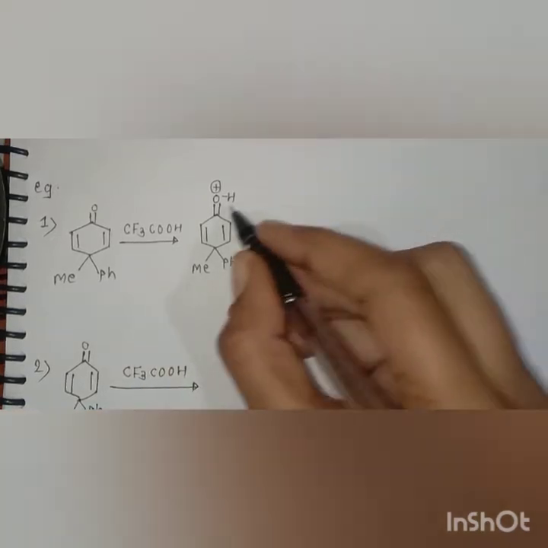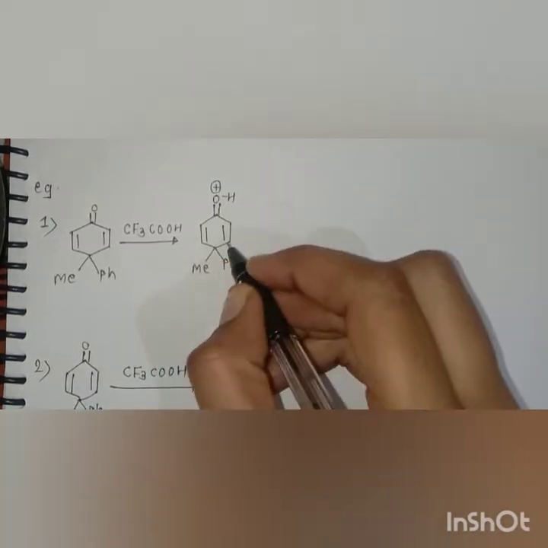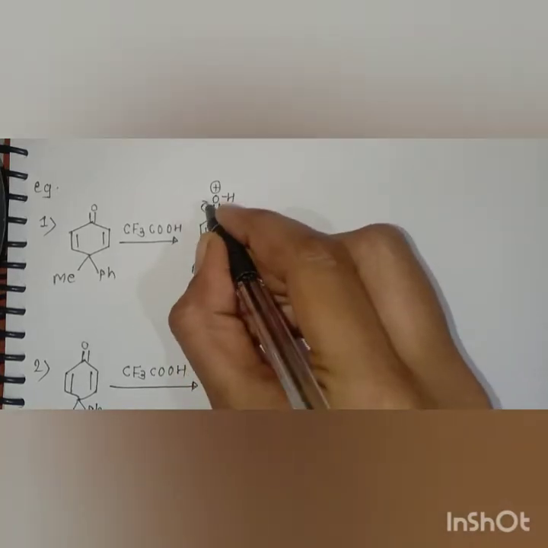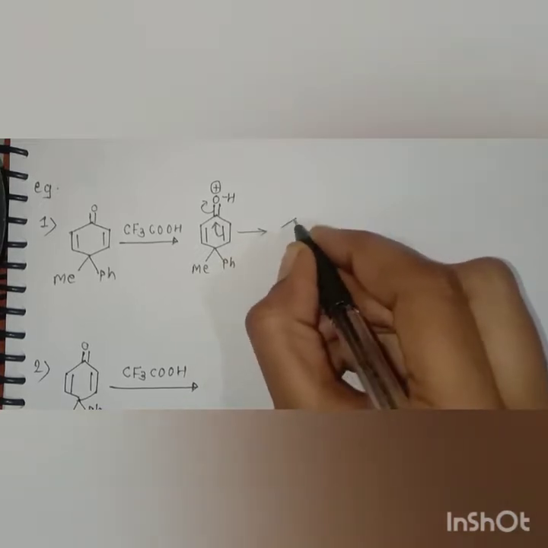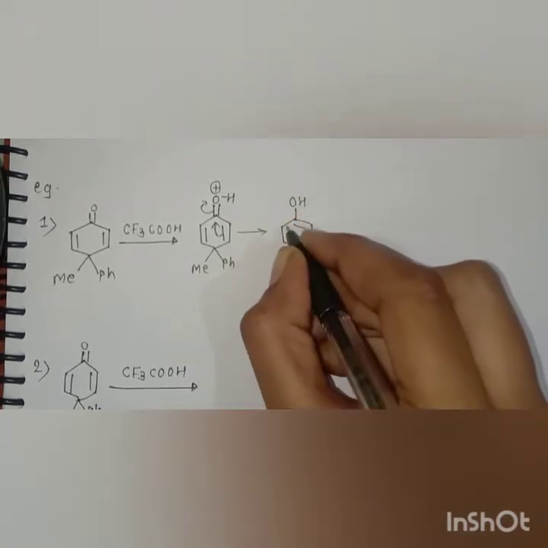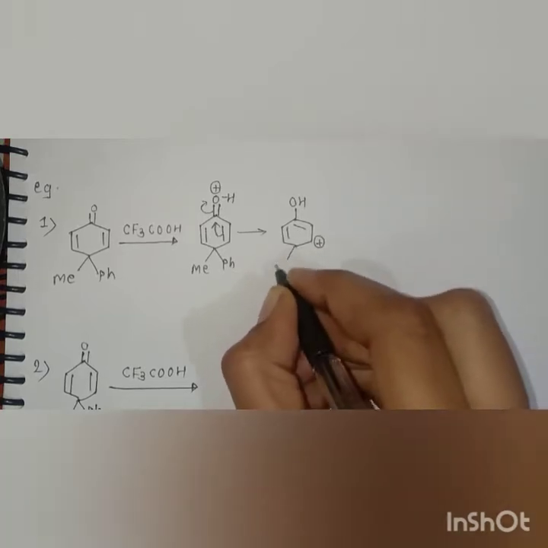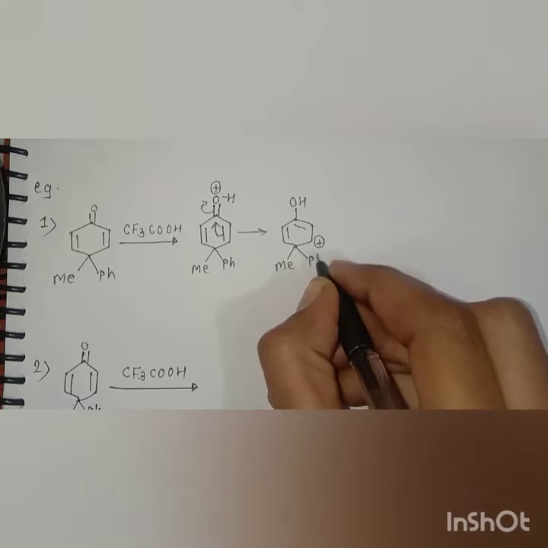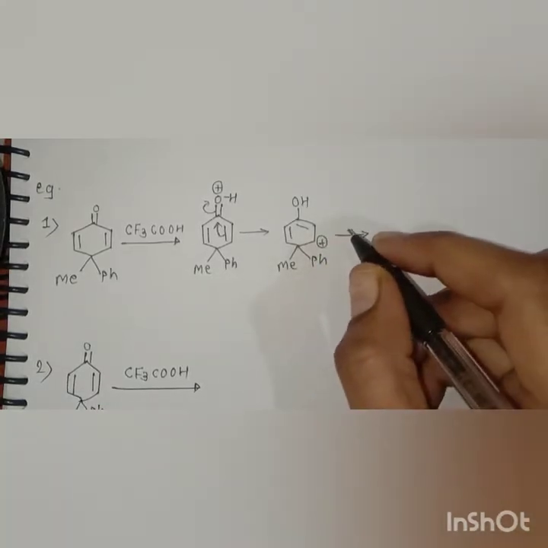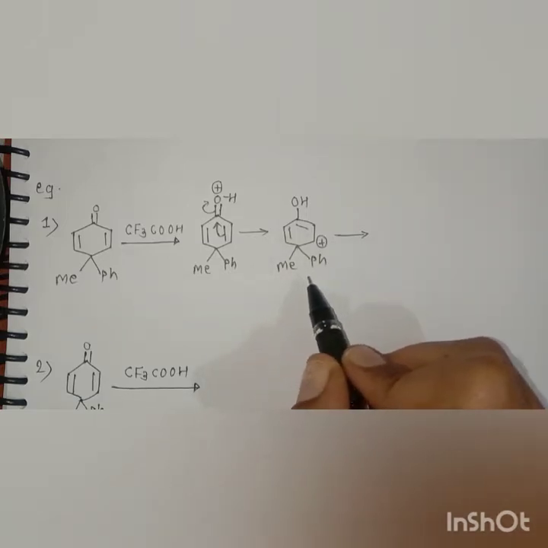In the next step, neutralization of this positive charge on the oxygen takes place and we get this. Here the formation of carbocation takes place, but here the question arises, which group migrates preferentially?